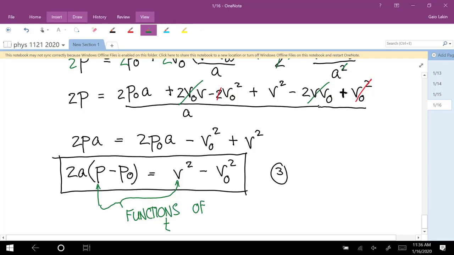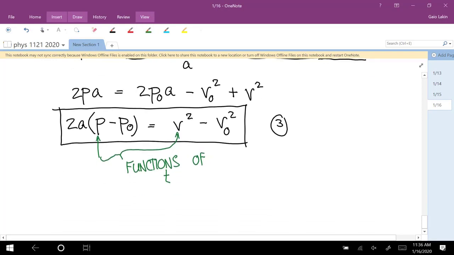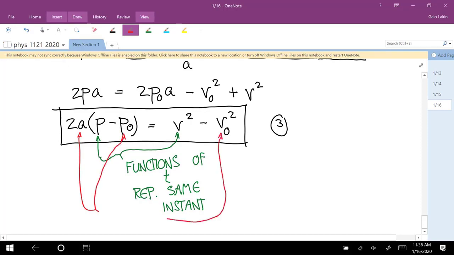Okay, those have to represent the same instant. And then this and this and this are constants.